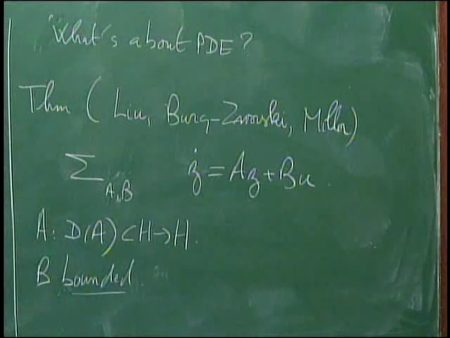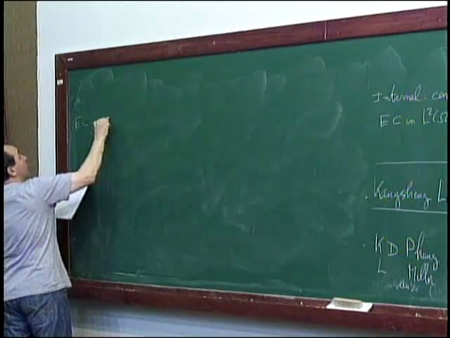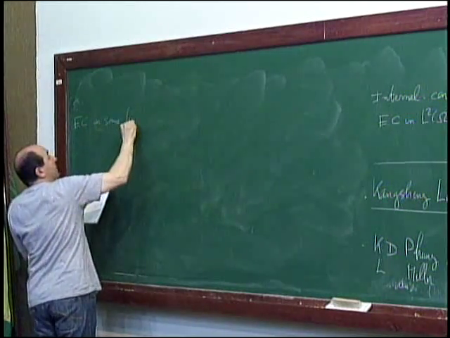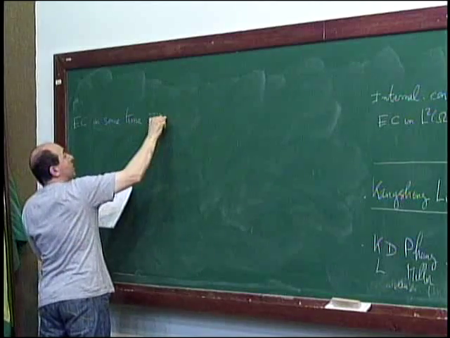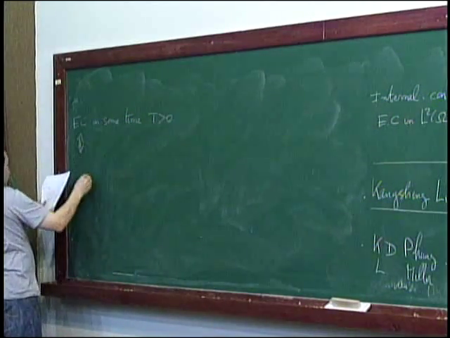To extend this Hautus lemma: you have exact controllability in some time T larger than 0 if and only if you have some estimate.